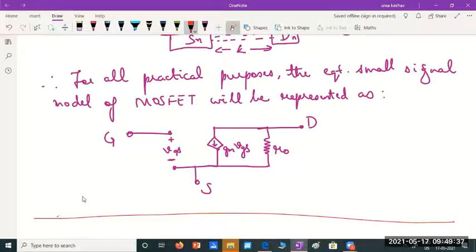Can you compare it with the small signal model of BJT? What was the small signal model of BJT which we got? Anybody? There, the emitter should be the common terminal. So between base and emitter, what did I have?